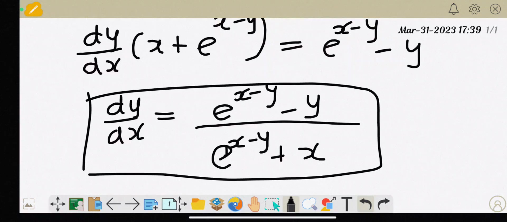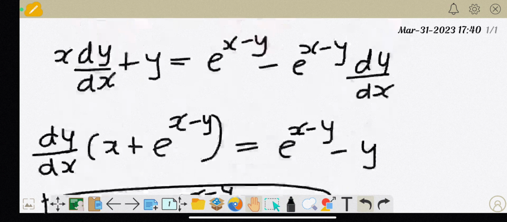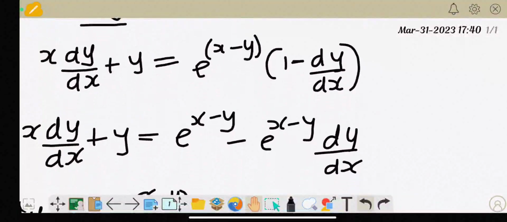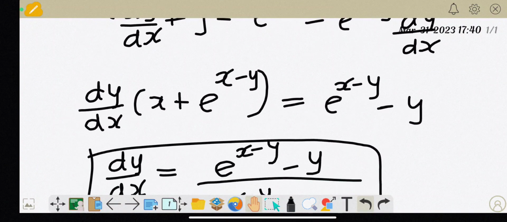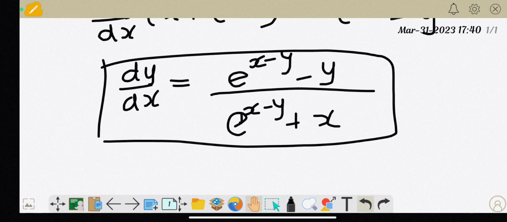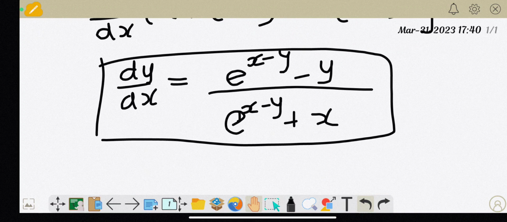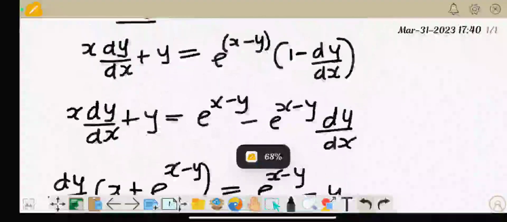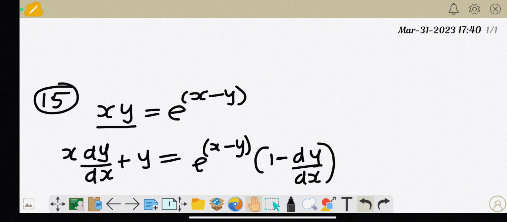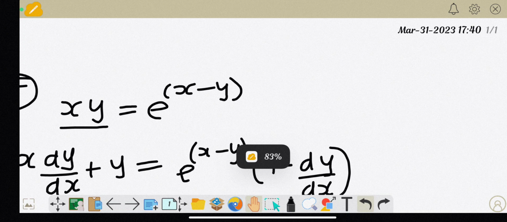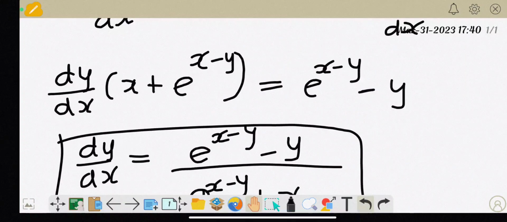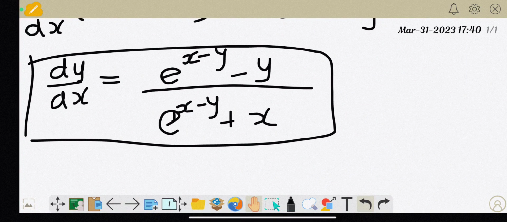This is what I got. Yeah, so it is different from the textbook answer. So for this problem, let's apply log on both sides, then we'll do. Yeah, so this answer is also not wrong. I don't know why it is not matching.